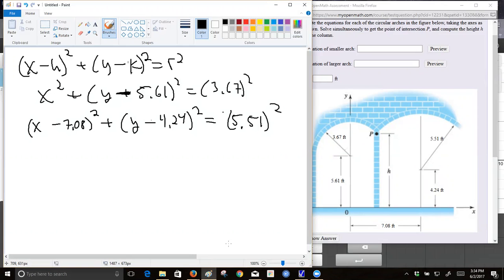Let's see, y minus 5.61 squared equals 3.67 squared, and the other equation is x minus 7.08 squared plus y minus 4.24 squared equals 5.51 squared.